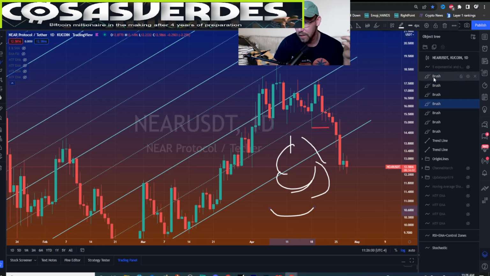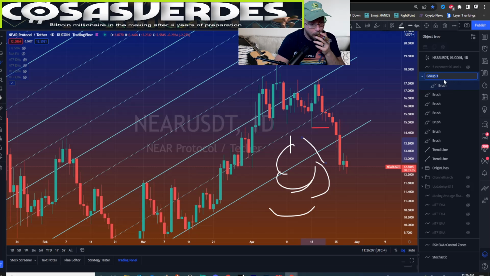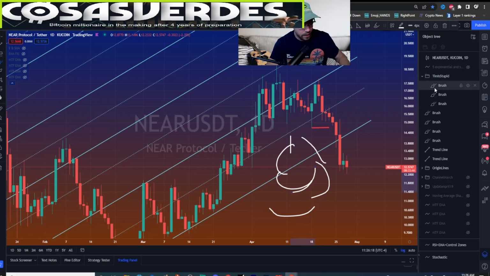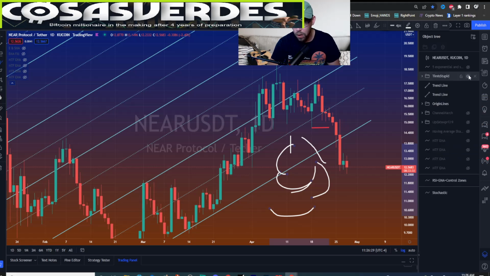So you have to select the top one, and then hit that button, group, right click, rename, okay? And then you drag everything in there. And if you want to do it faster, you can hold Control and click, and then drag them all in there, make it small, and go like that. And that's how you use the object tree.